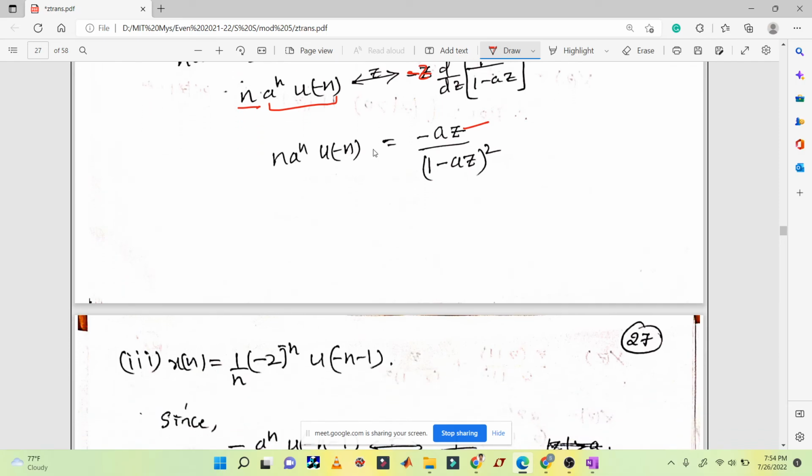Now this is a bit tricky question. Here it is 1 by n, not n, 1 by n is there.